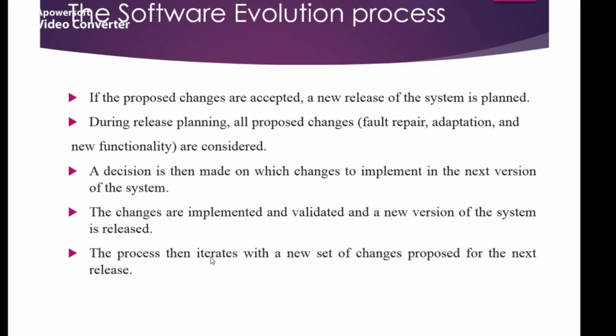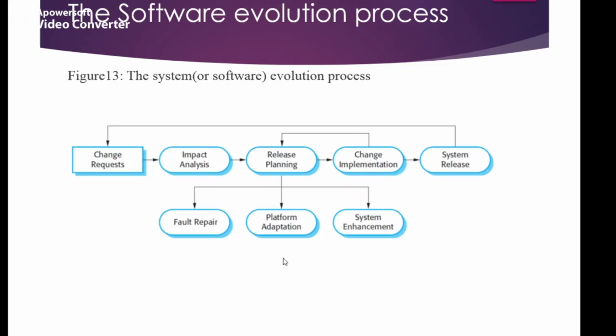The process then iterates with a new set of changes proposed for the next release. So here, change implementation: you are implementing all those changes, and then you are deciding to release the system. At the same time, you are also going to see what changes can be done during the next release.